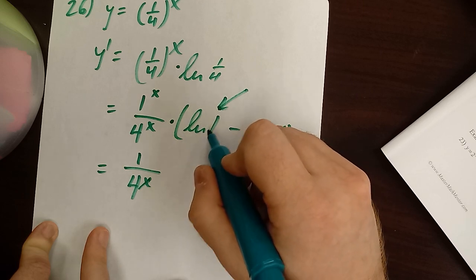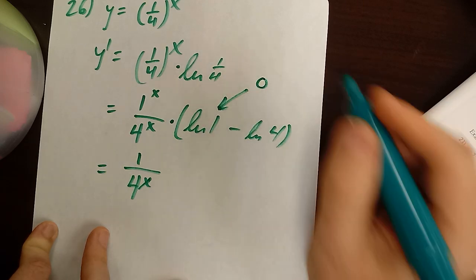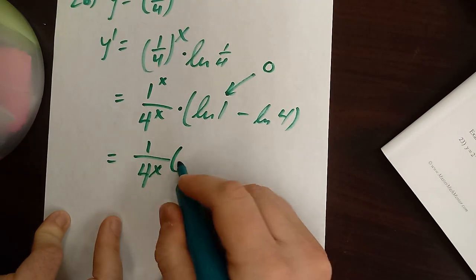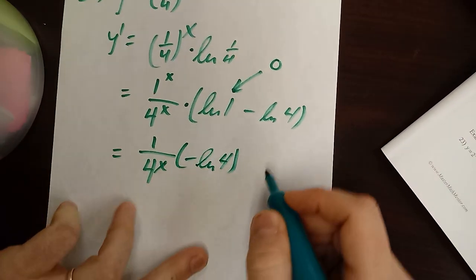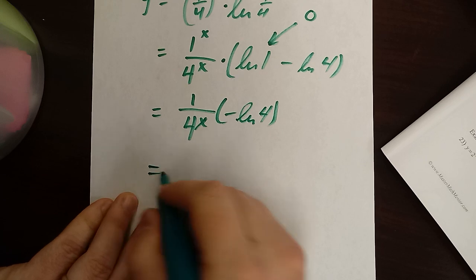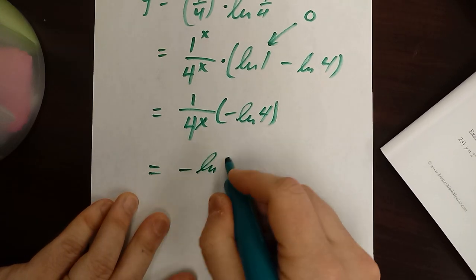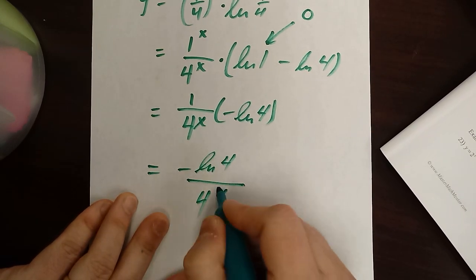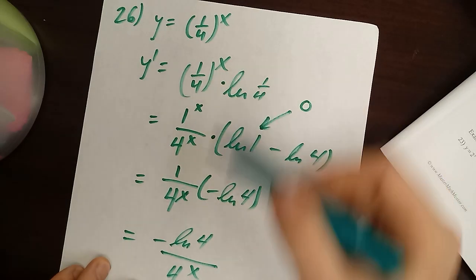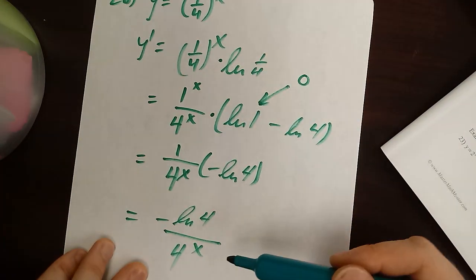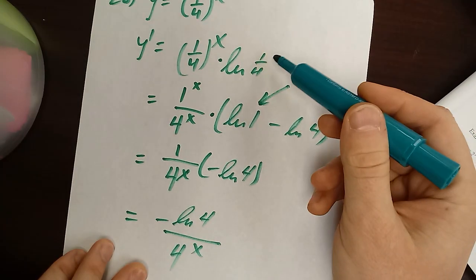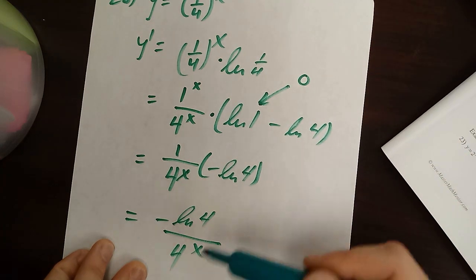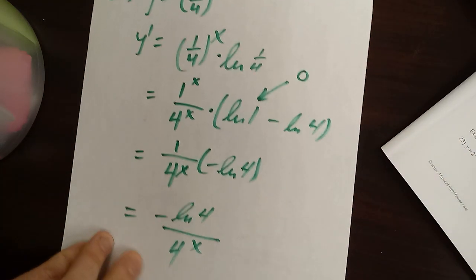So e to the 0th power gets me 1, so this is just 0. And so this is times negative natural log of 4. And so they might wind up writing the final answer to this as negative natural log of 4 over 4 to the x. So this turns into this. True? True. They're both true. This is just a different format.